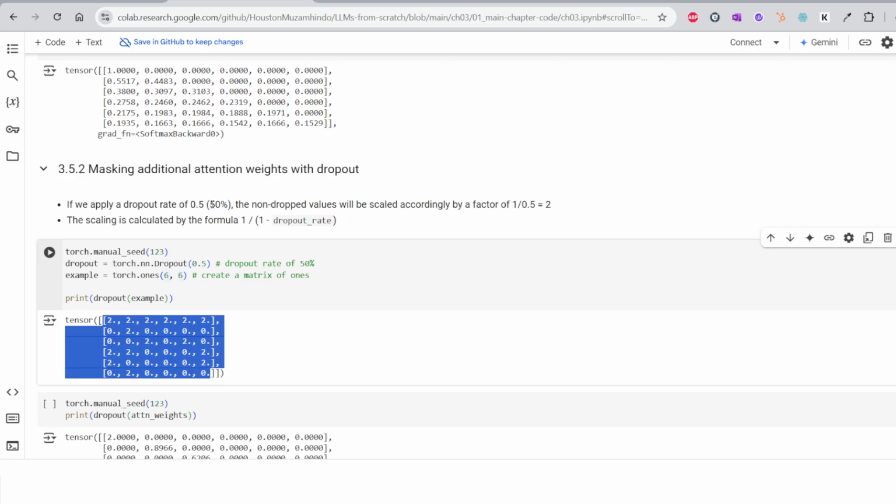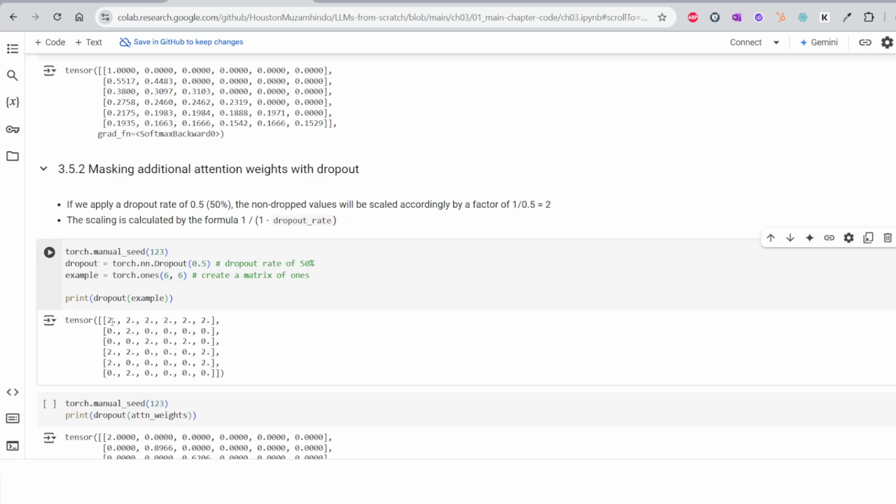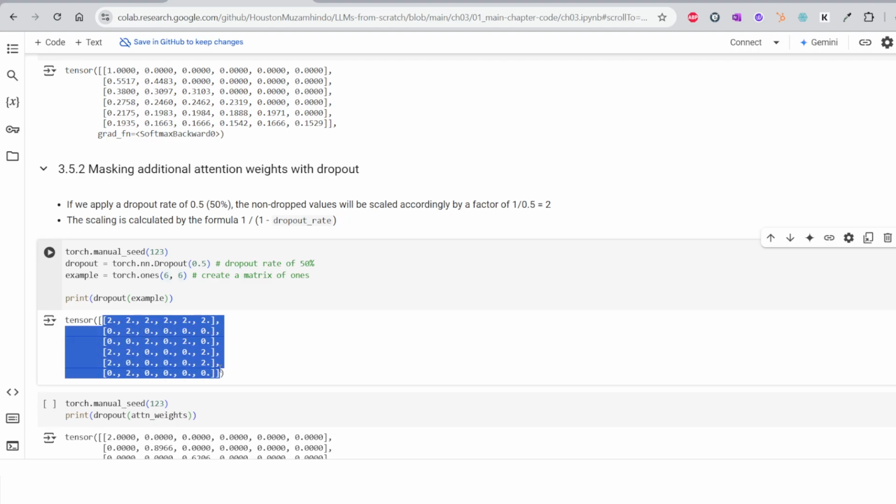So it creates a scaling factor. It comes out as ones and zeros, and then multiplies the ones that are not being dropped out by the scaling factor.